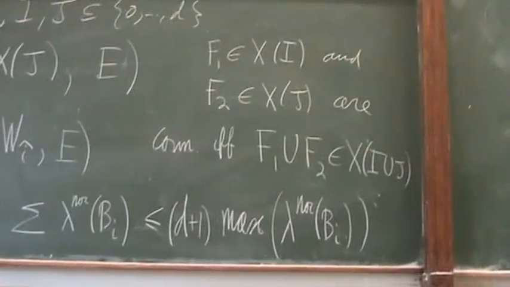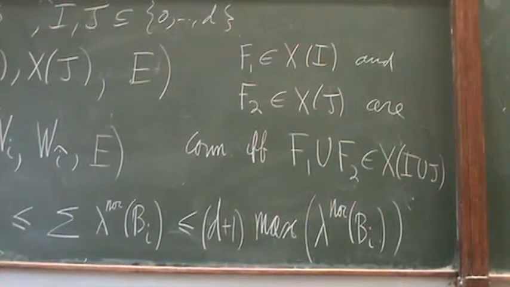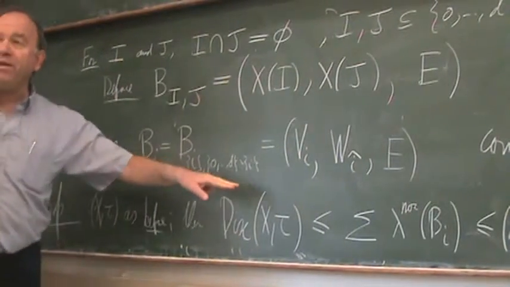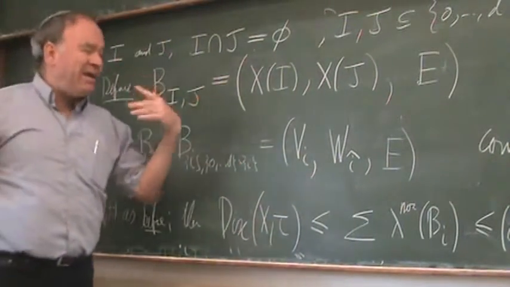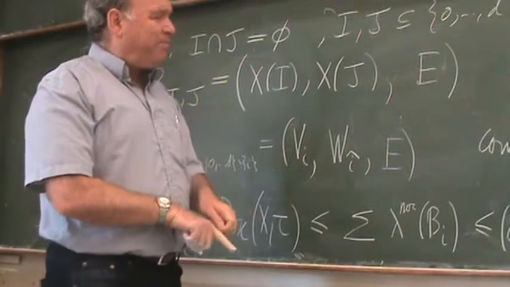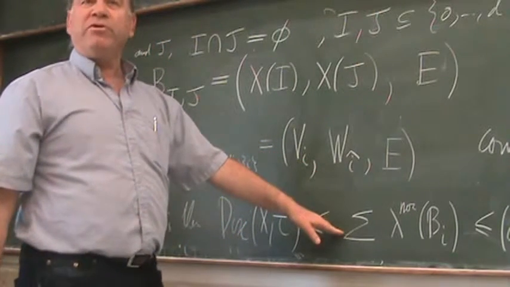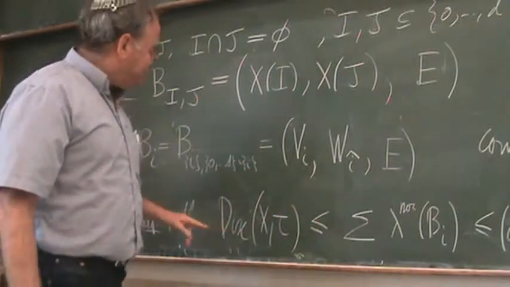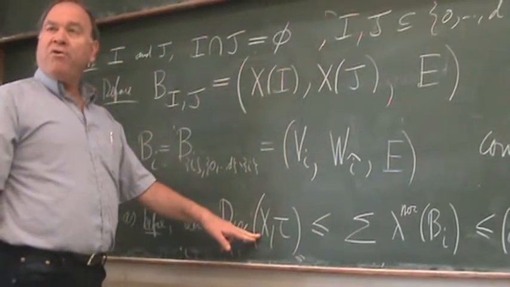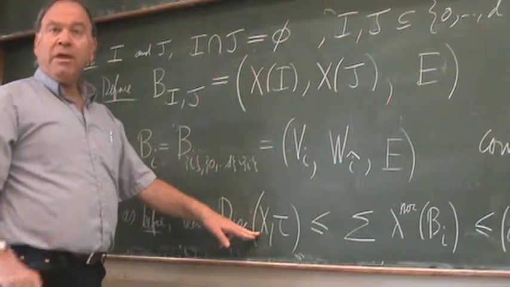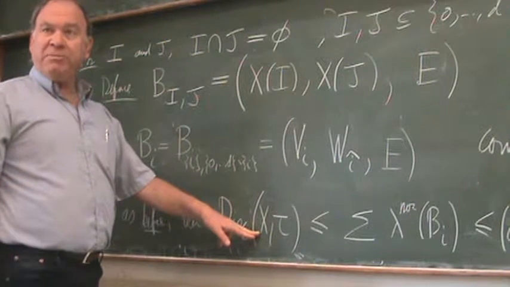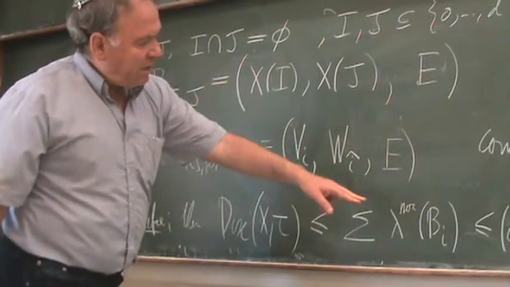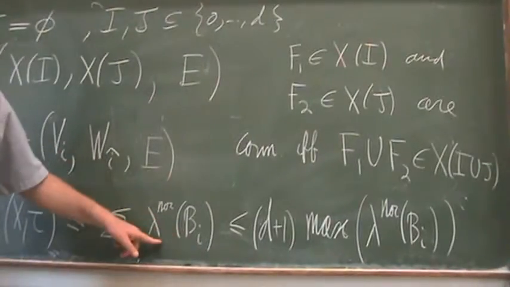But if we can evaluate the eigenvalues of the bipartite graph of one color against all the others, then, as you'll see, the proof will give us even more than that. The proof will bound the discrepancy of the full simplicial complex in terms of the discrepancy of this bipartite graph.